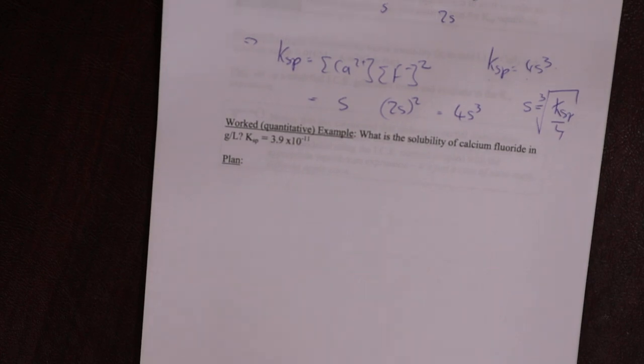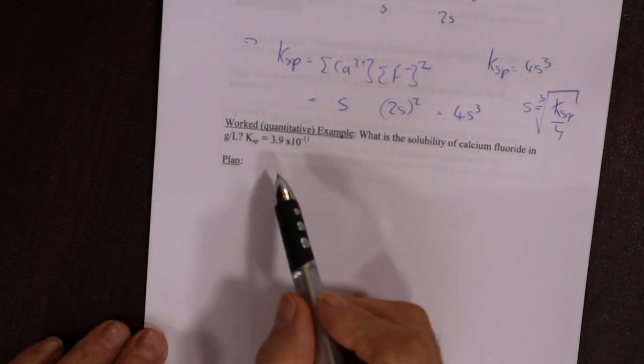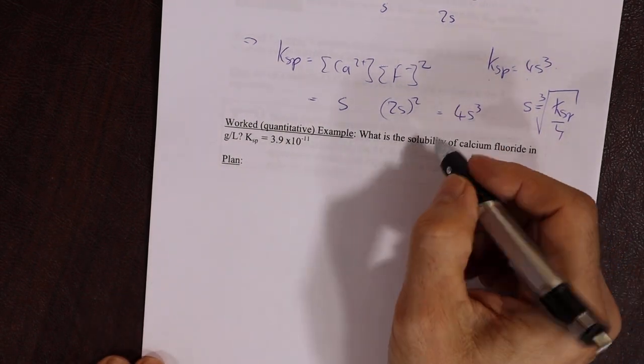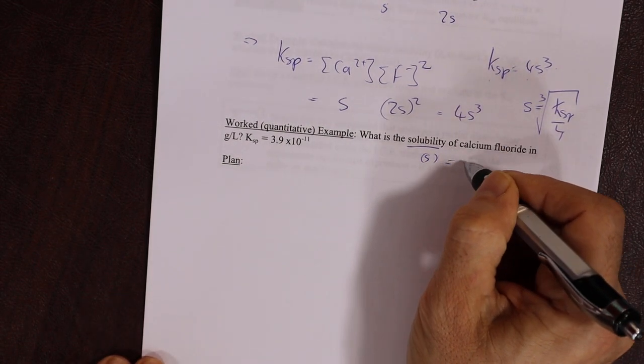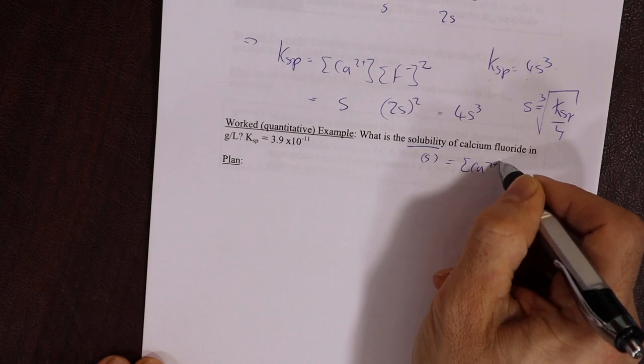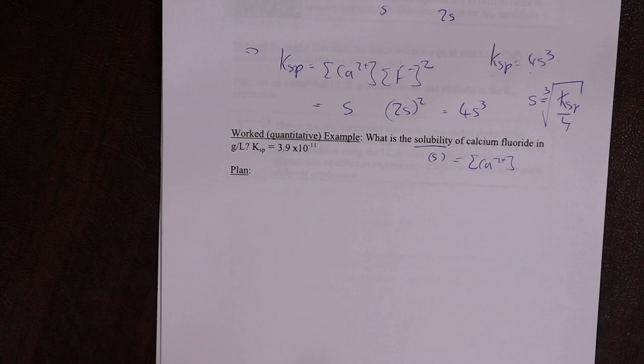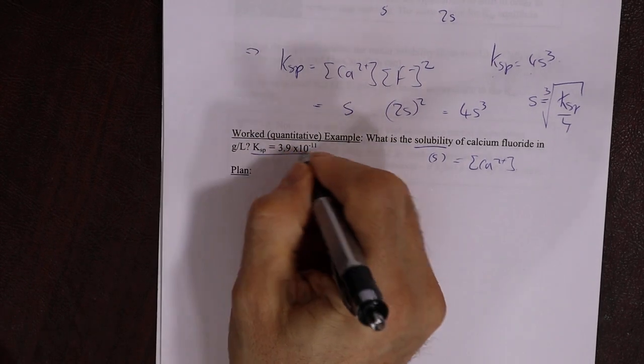Okay, let's do this. When we look at this one, what's the solubility? That's S. That's the concentration of calcium. So when it says that, we're really solving for the concentration of calcium, from Ksp.